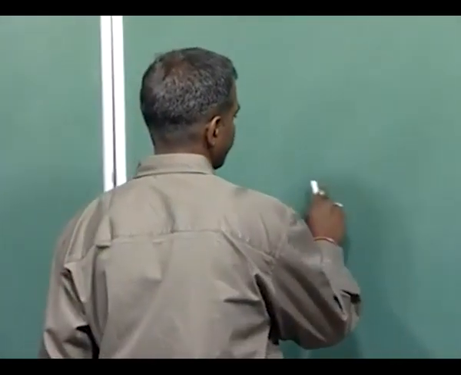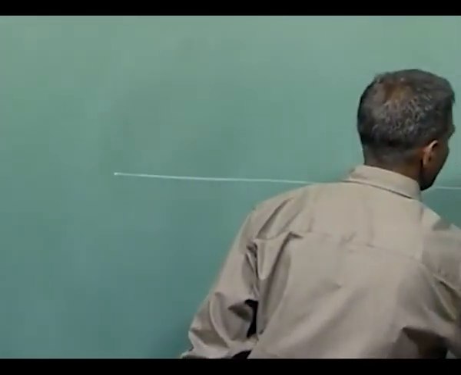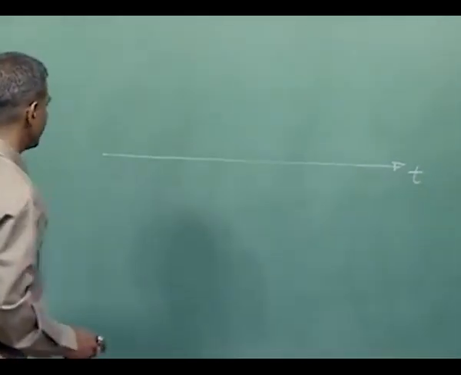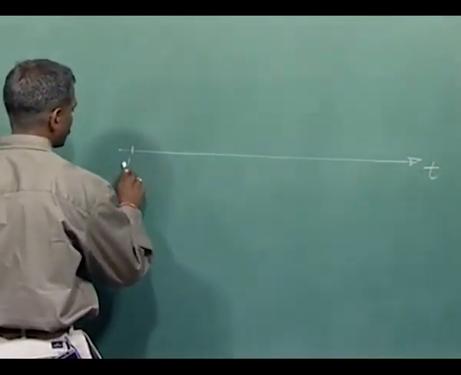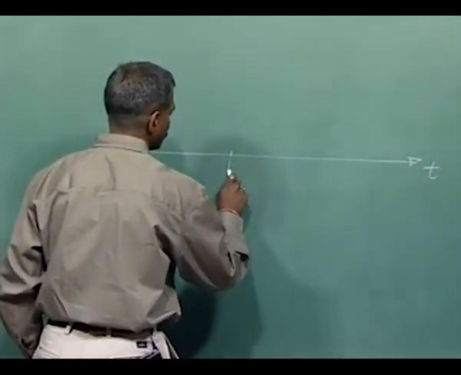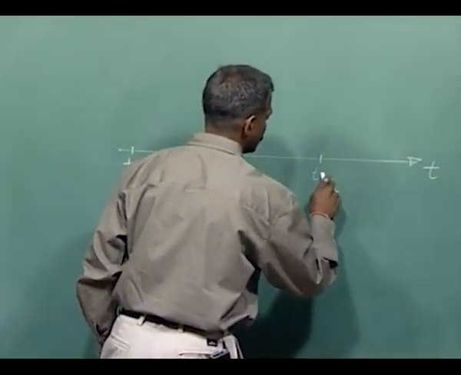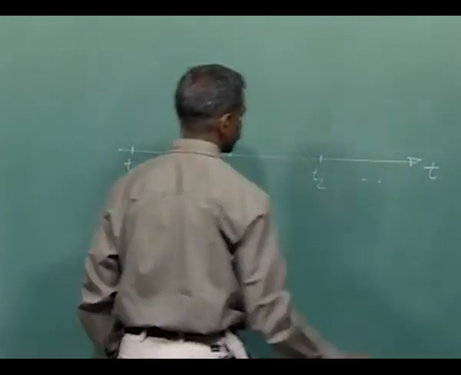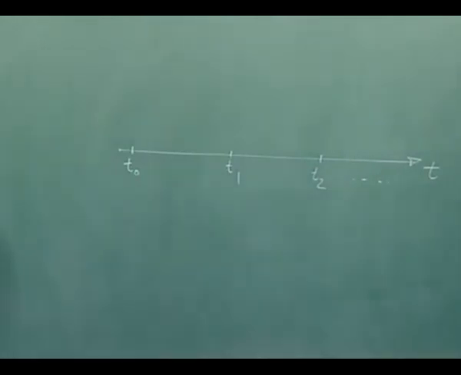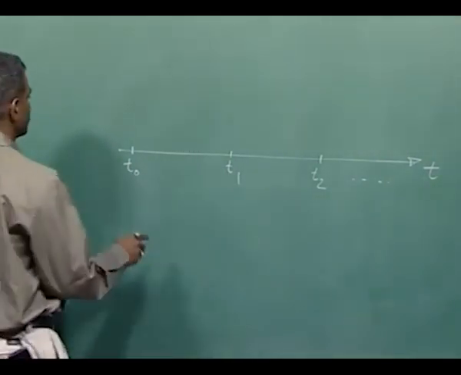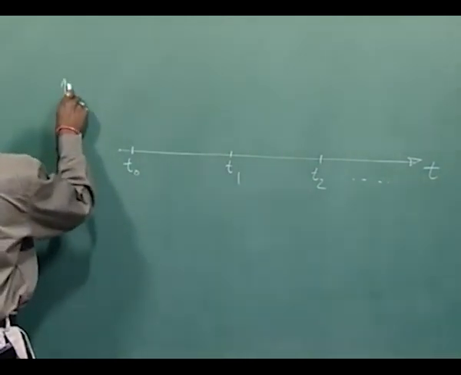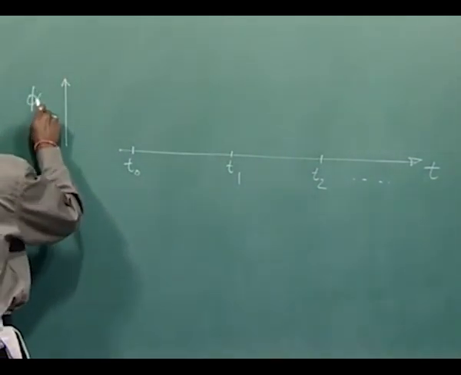Coming back to the board, this is my parameter axis t. I start with parameter values t0, t1, t2, and so on and so forth. Of course, I am interested in constructing a bell-shaped basis function, but let me generalize this discussion here. This is my phi axis.